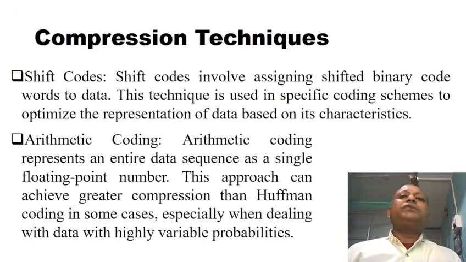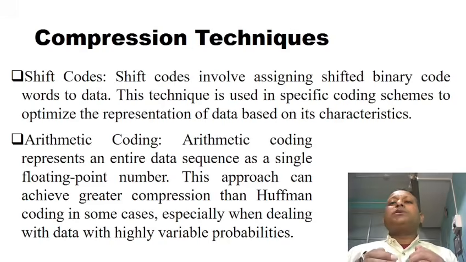So, shift codes help in assigning shifted binary code words to data. This technique is used in a specific coding scheme to optimize the representation of data based on its characteristics.